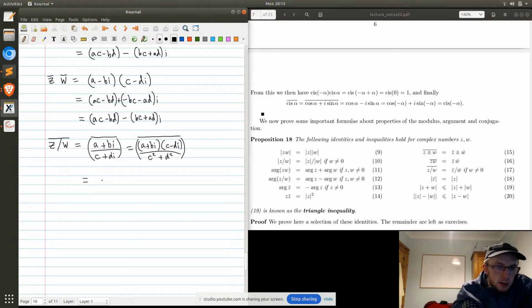And conjugate the whole of this. Okay, so you have to work out the top still. Okay, ac plus bd. That's the real part. bc minus ad. That's the imaginary part.